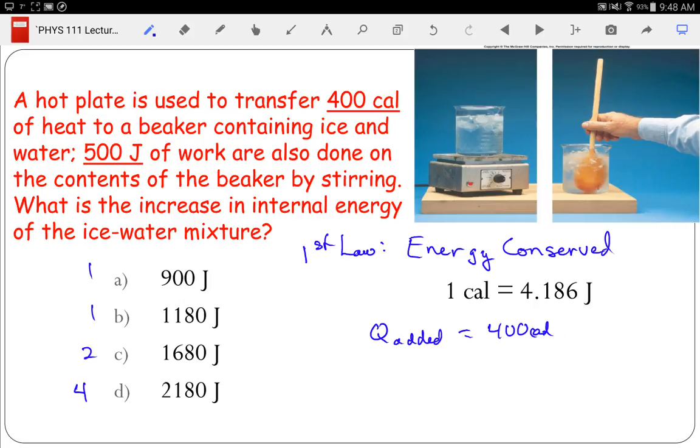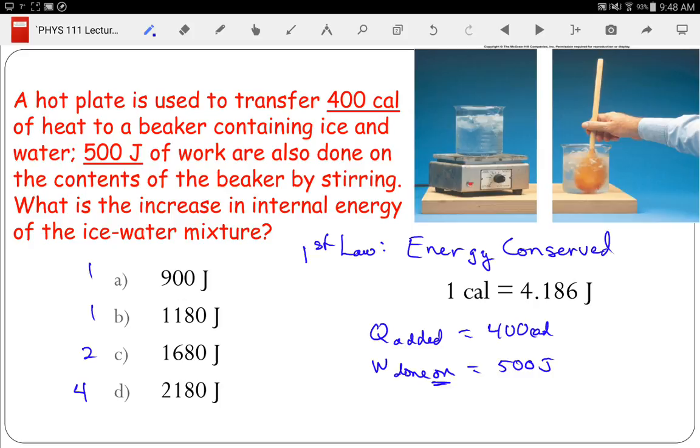And then we have work done on the system is equal to 500 joules. Those are different units. So I can't just add 400 and 500 because they're different units. I have to convert them. That's why I have 1 calorie is 4.186 joules.